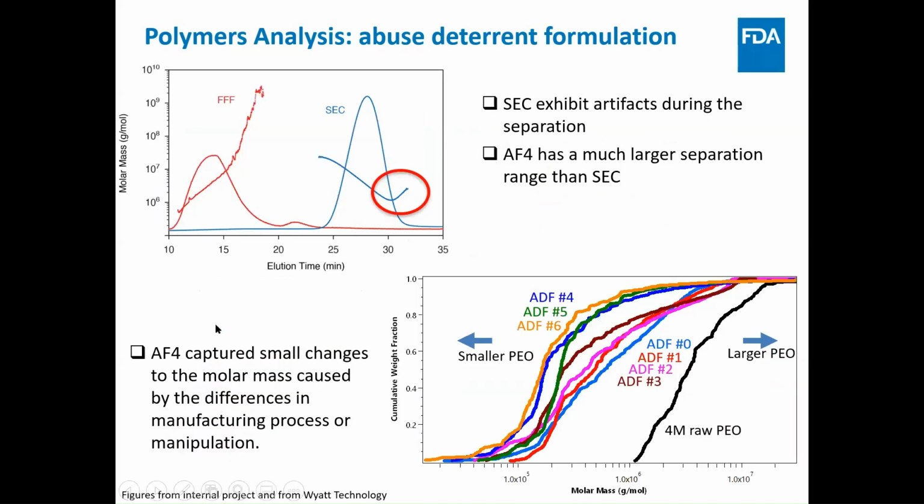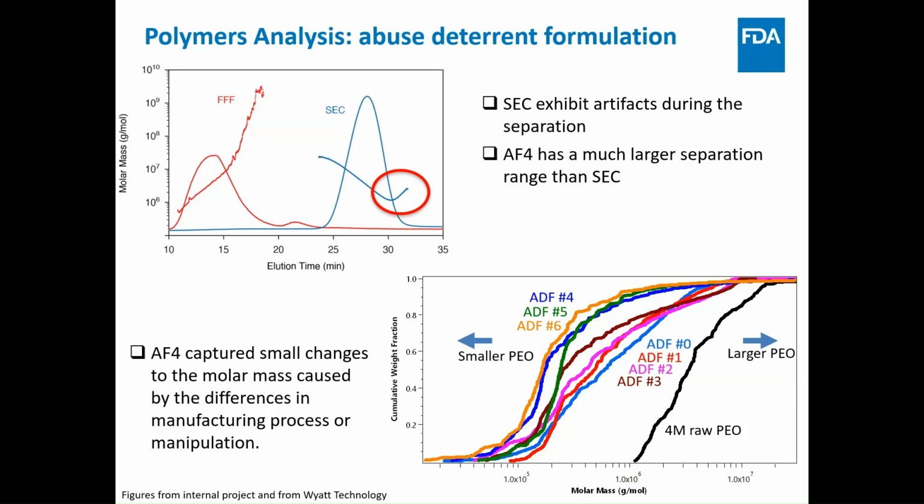So we use AF4 and SEC to study the molar mass distribution. As you can see, SEC has shown some limitation and difficulty for such big polymer. We see some co-elution of the big polymer with the smaller polymer. But AF4 is much better suited for big polymers or particles.